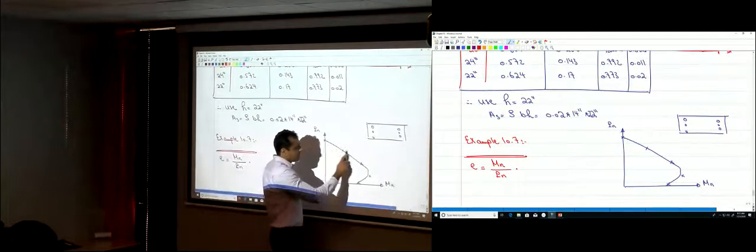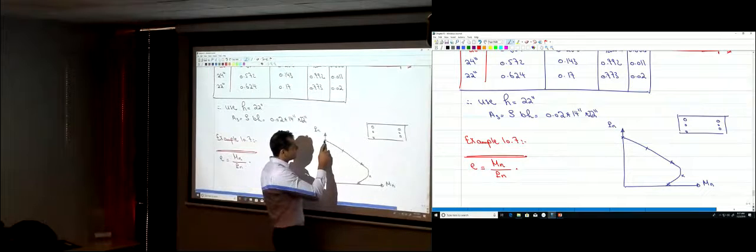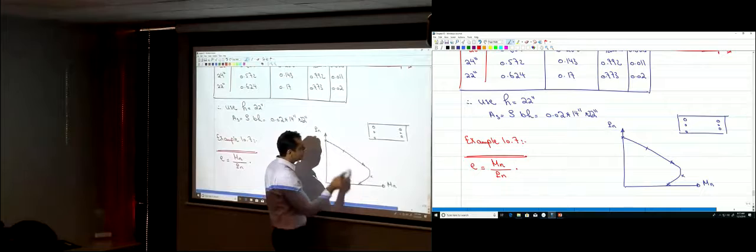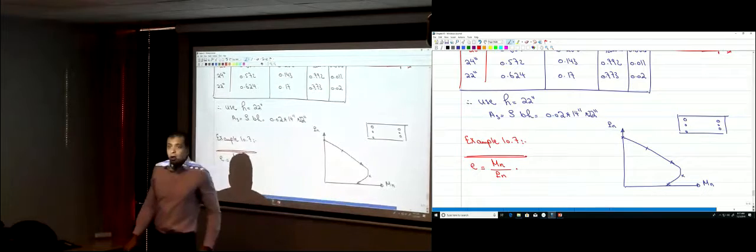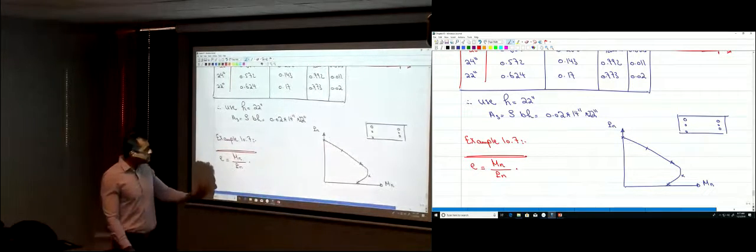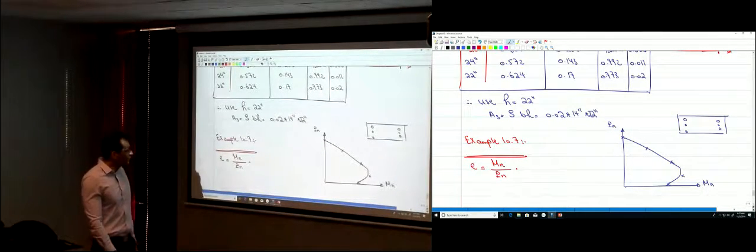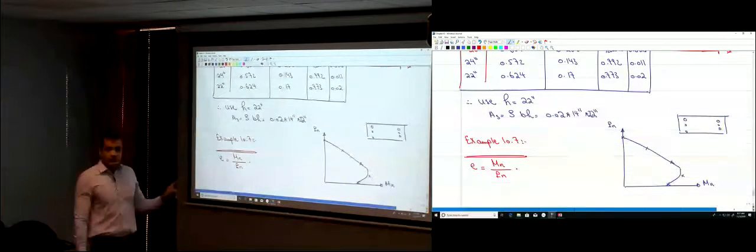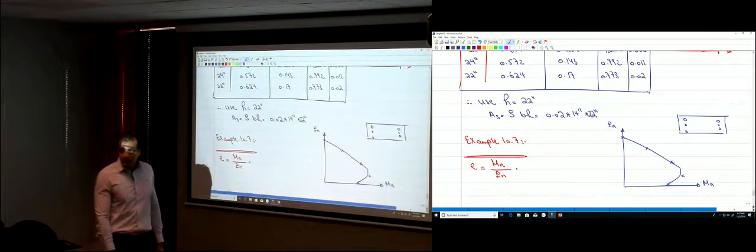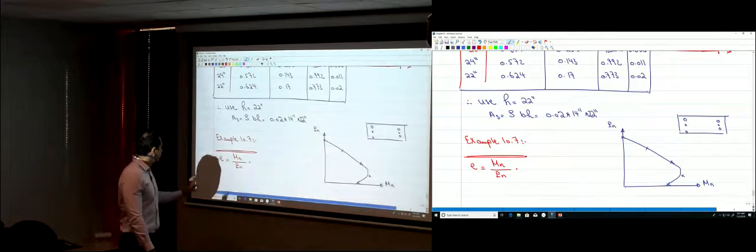So as you go along this curve, the eccentricity changes from 0 to infinity: 0, 0.1, 0.2, 1, 2, 3, and so on till you reach infinity. I want you to find one point on that curve. I will give you an eccentricity, and I want you to find the strength for that given eccentricity.